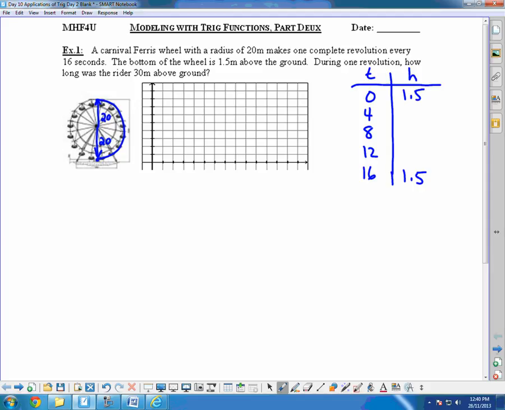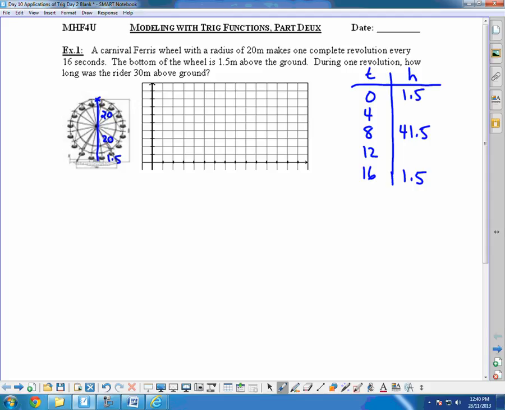So if I was to redraw that, because I'm sort of outside the circle there, I've got 1.5 meters here, another 20 meters of radius, and another 20 meters. So at the top here, I'm at 20 plus 20 is 40, plus the extra 1.5, so 41.5 halfway.